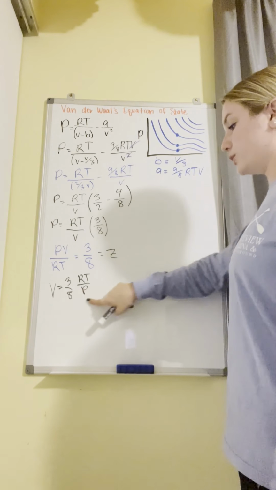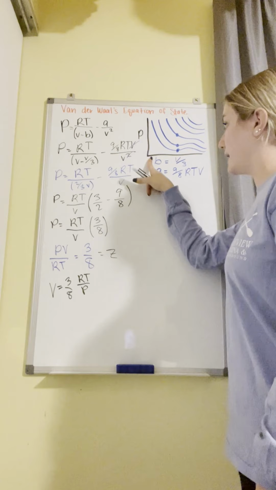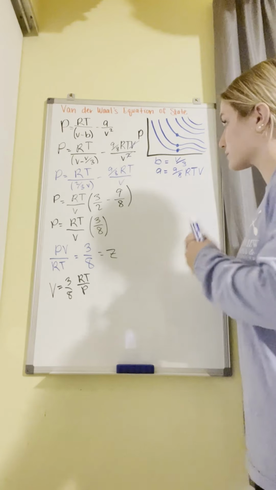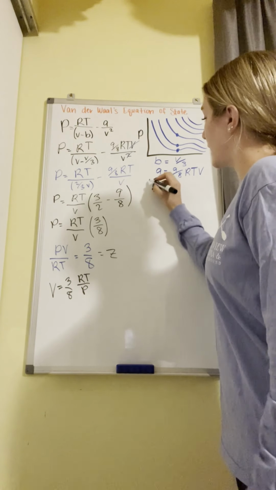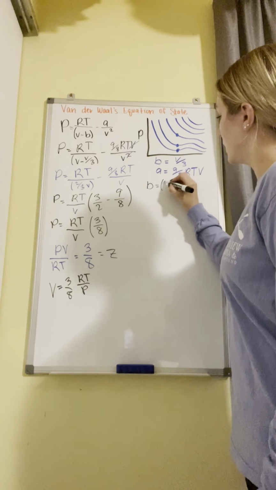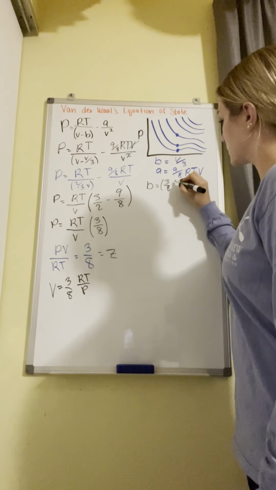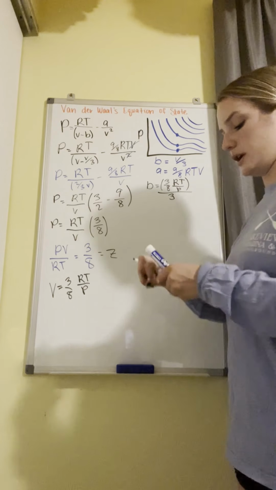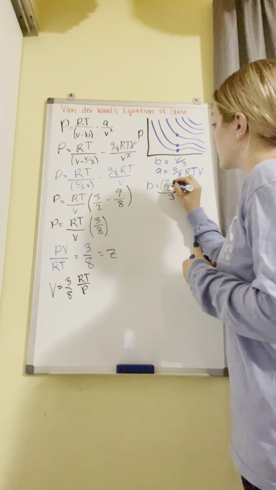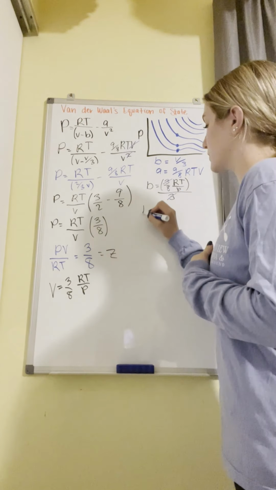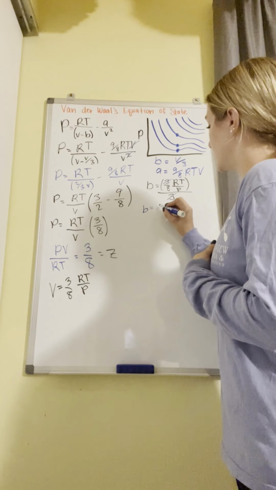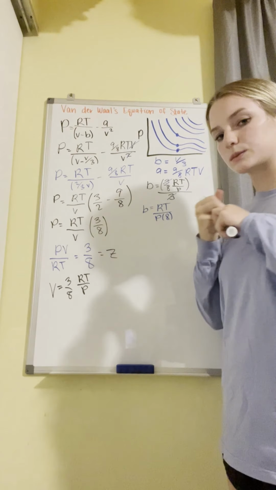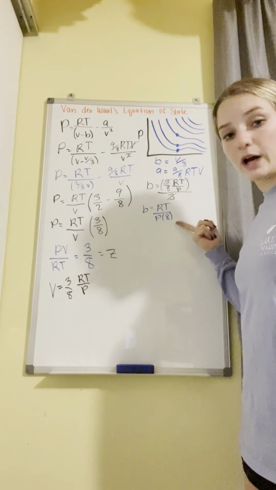So we can take our new value for V and plug it back into A and B, and we're going to find the numerical values for A and B. So if we do that, we're going to have B is equal to 3/8 times RT over P, and this is all going to be divided by 3. In this case, these two 3's are going to cancel, so we're going to have B is equal to RT over P times 8. So this is our new numerical value for B.